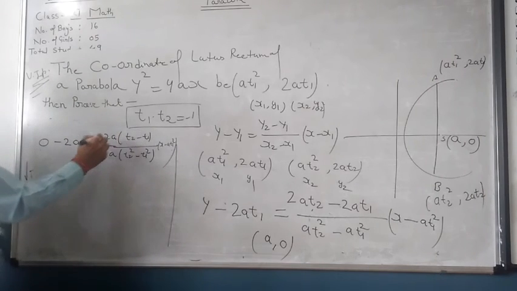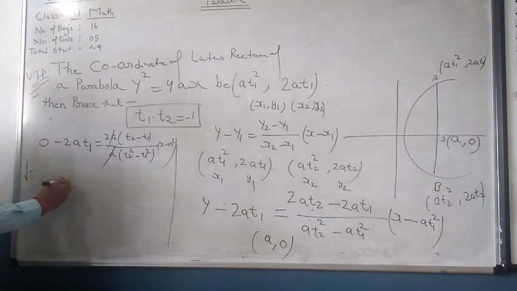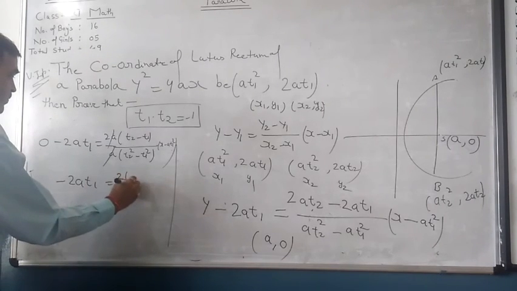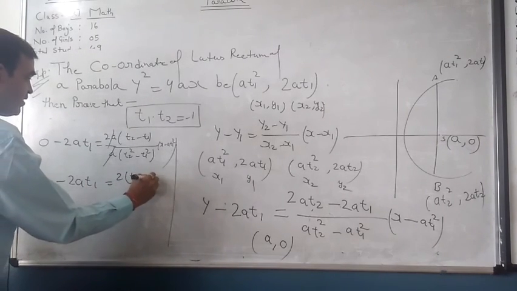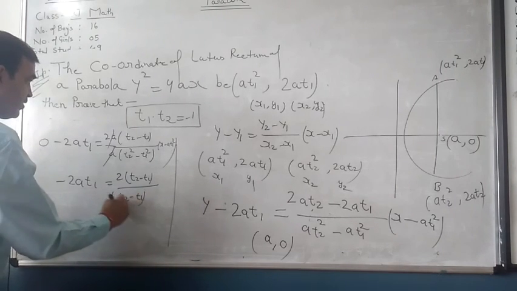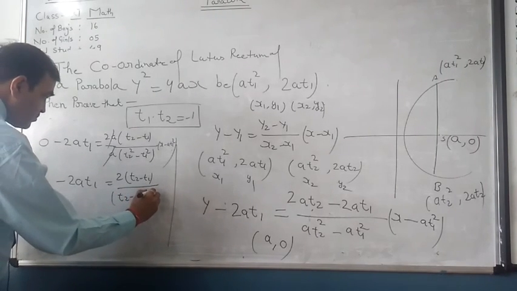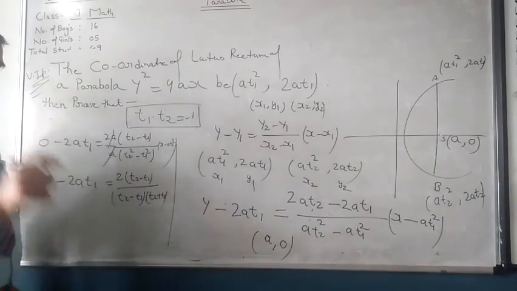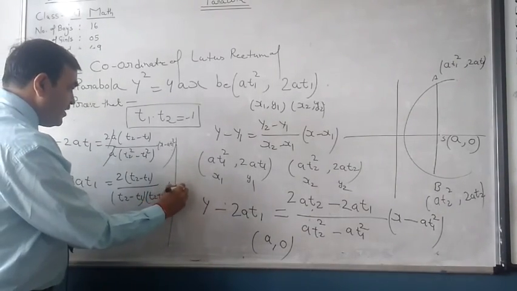The a cancels out: minus 2a t1 equals 2 times t2 minus t1 upon t2 minus t1 and t2 plus t1, times x minus a.